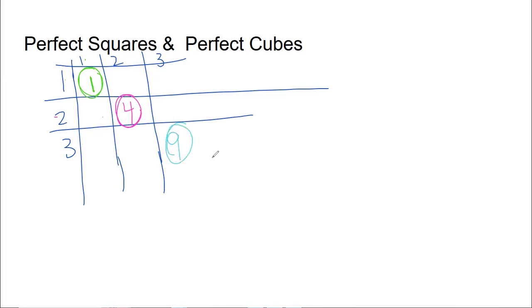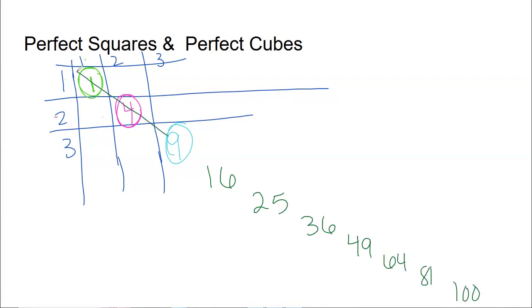And if you just keep going diagonal, 16, 25, 36, 49, 64, 81, 100, all down the diagonal of a standard times table. Those are your perfect squares. And again, there's more, but if you know your times tables, you at least know the first several perfect squares.